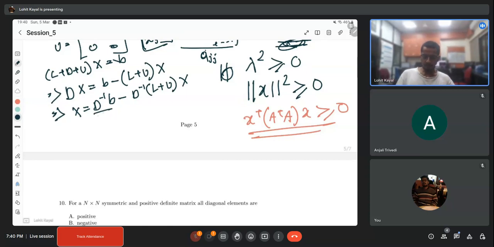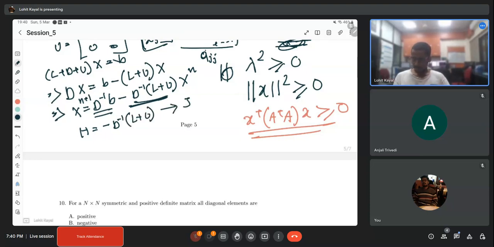Now this is a constant term, and this is x^(n+1) in terms of x^n. If you are trying to calculate the error to find the convergence, you will find that this is your convergence matrix. So this matrix will give you the convergence criteria, that is minus D inverse of (L + U). This is for Jacobi.